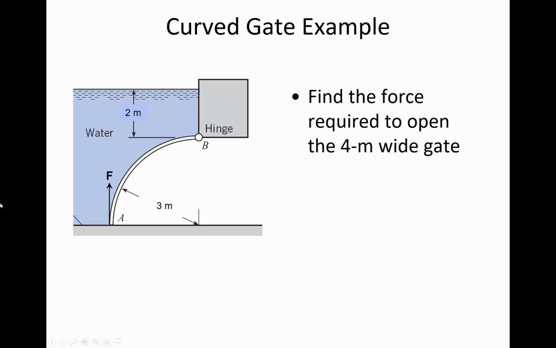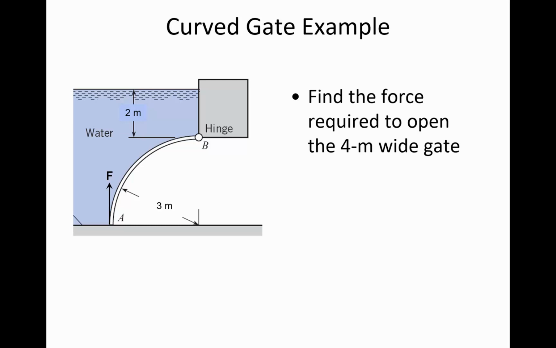And so if we're going to open up the gate by pulling on A and pulling up vertically, we're going to have some magnitude F acting at a moment distance of 3 meters from the hinge, because it's 3 meters out from B to where the force is located.